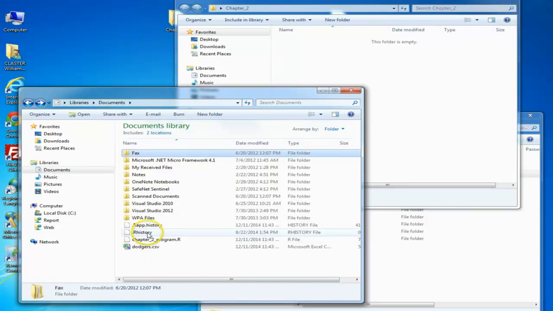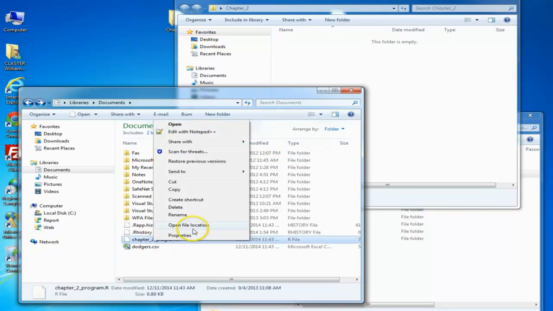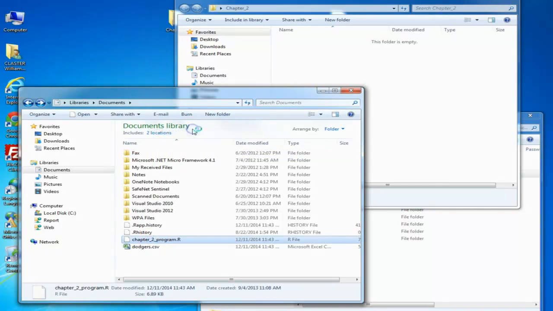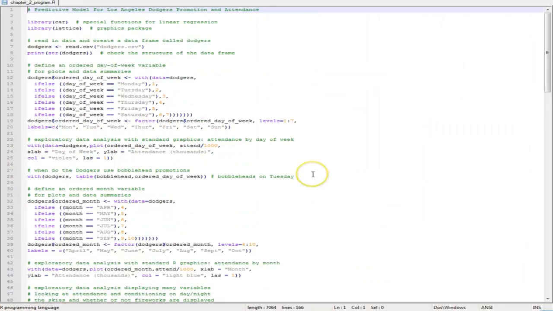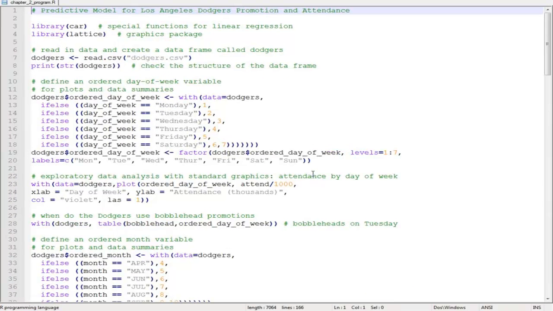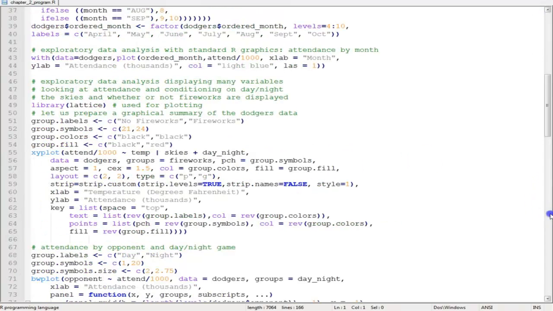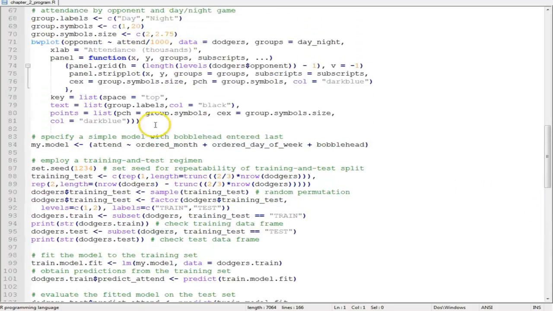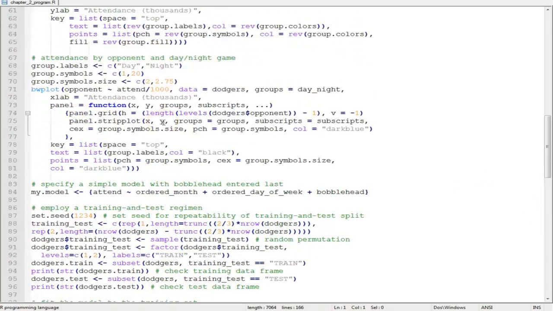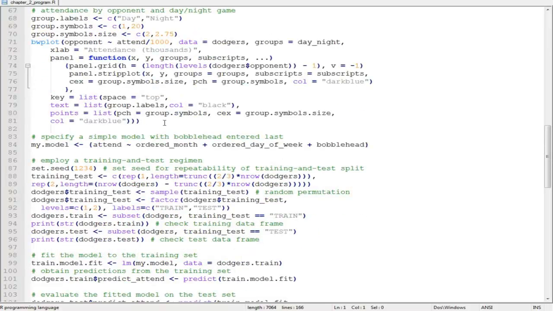Okay, so let's look at the program. So what row are we at in the program? What line are we at now? 93.